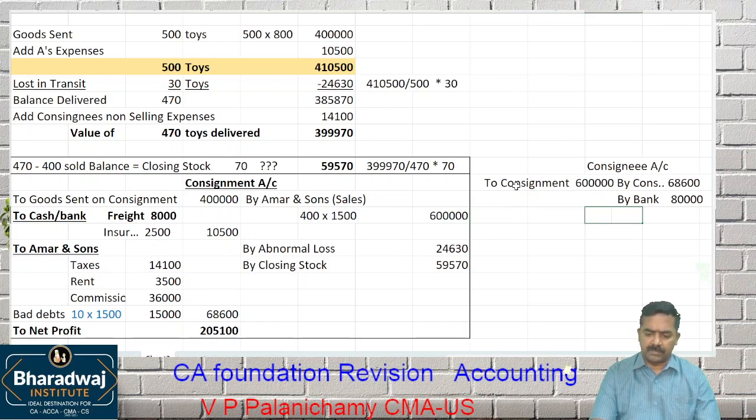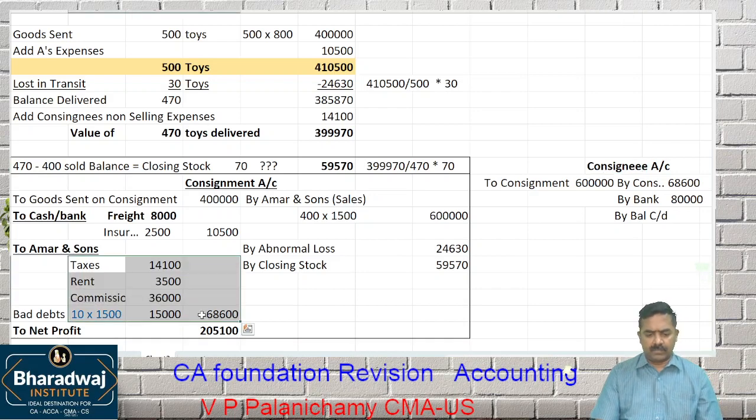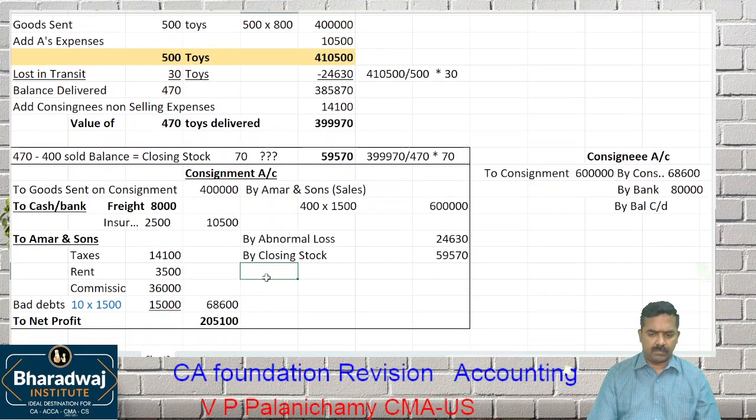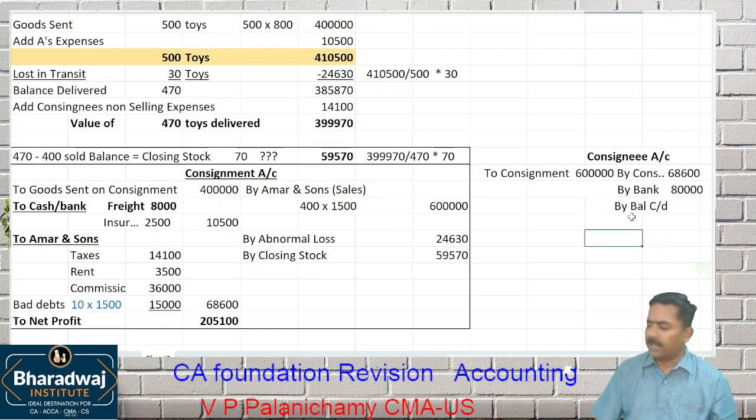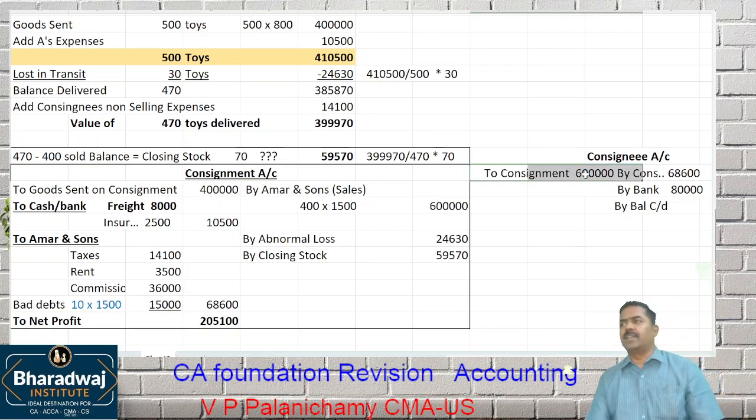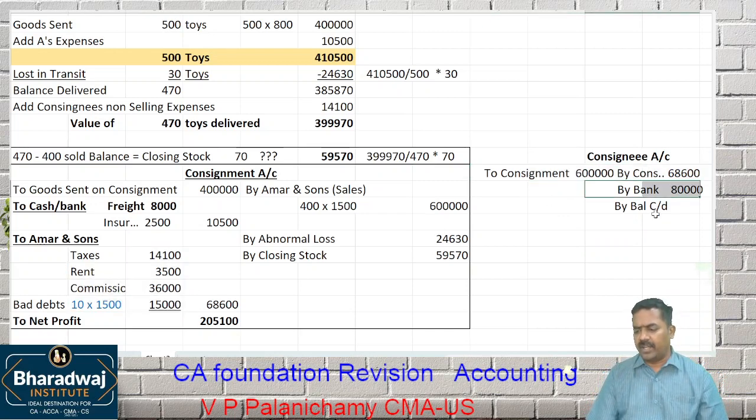Balance is payable by him. What is the closing balance? By balance carried out. They have sold 6 lakhs. Think logically: expenses, commission, bad debts recoverable 68,600. Advance of 80,000 they have paid. Remaining balance he has to pay. What is the balance?